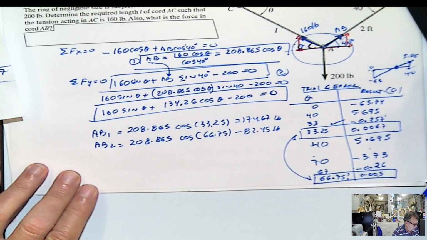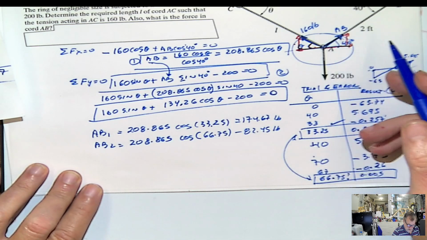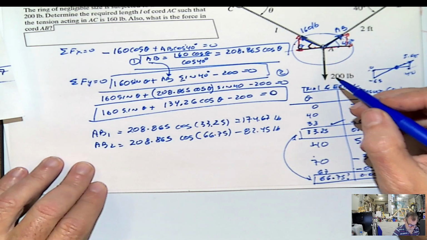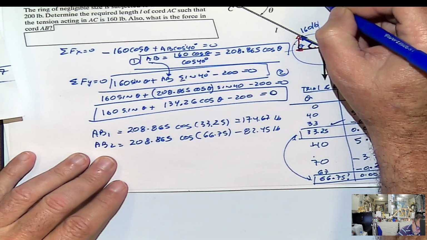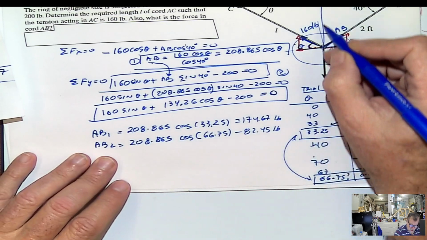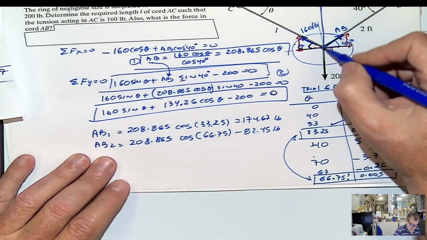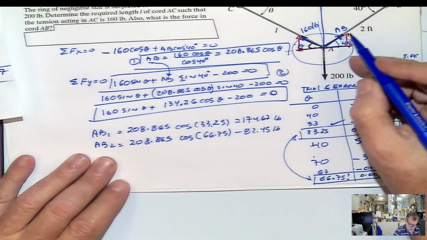Well, we can find the length by using trigonometry, any type of trigonometry that you want. Because I can come here, for example, and calculate this height. I know this length, 2 feet, and I know this angle.